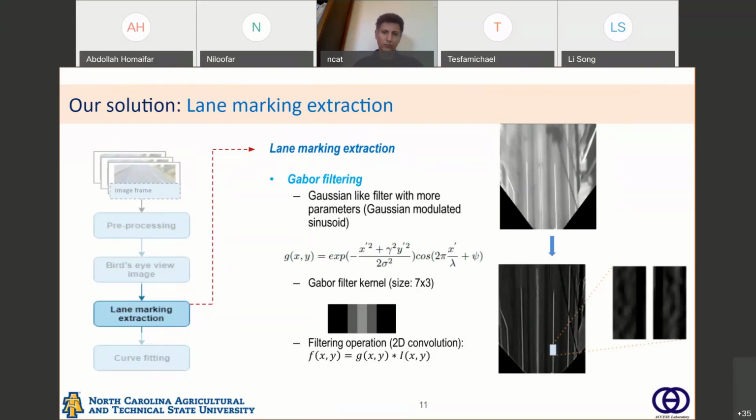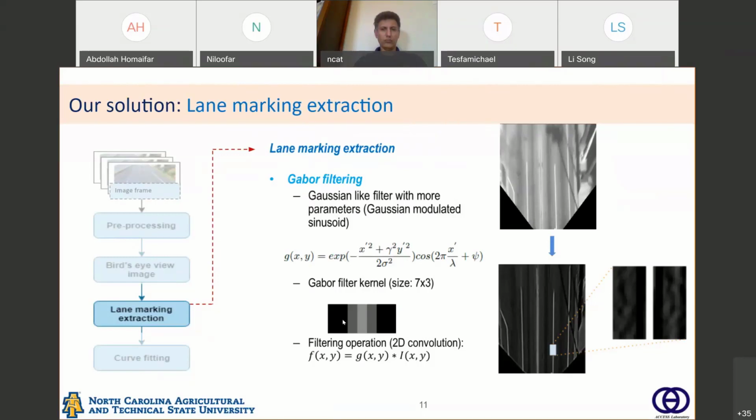Gabor filters have got additional parameters like gamma, lambda, and phi for phase shift, wavelengths, and some orientation adjustment. So with these parameters, you can adjust the orientation of your filter, your kernel, so that you can enhance the image very well. For our case, we just picked 7x3, or you can even use a 7x7 filter kernel.